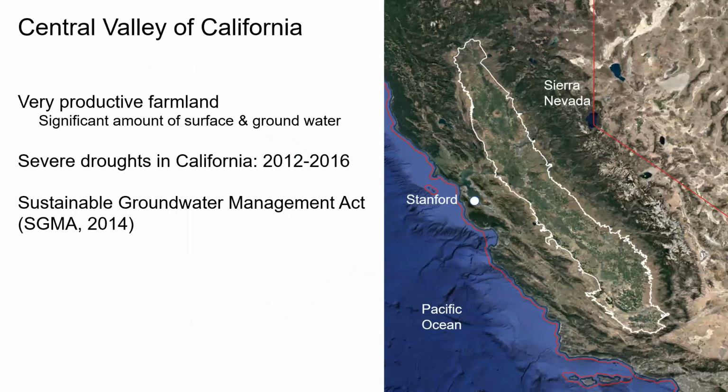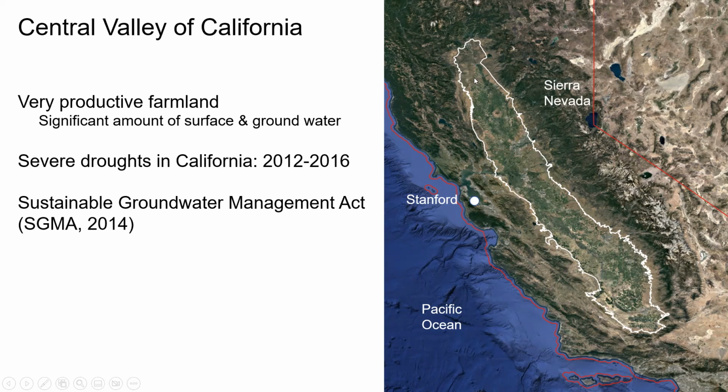And today I'm going to use the Central Valley of California, where they're really suffering from this groundwater issue. Some explanation about the Central Valley: it is very productive farmland. That's the Central Valley of California. That's our Pacific Ocean. And that's the Sierra Nevada mountains. And this is Stanford where I am located.